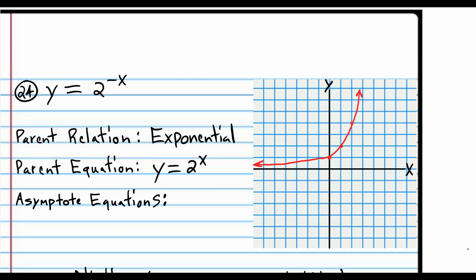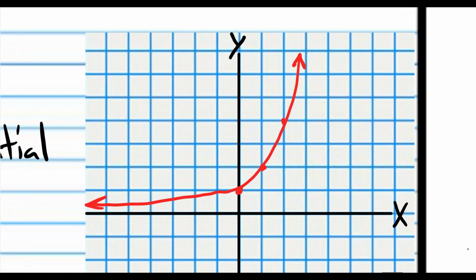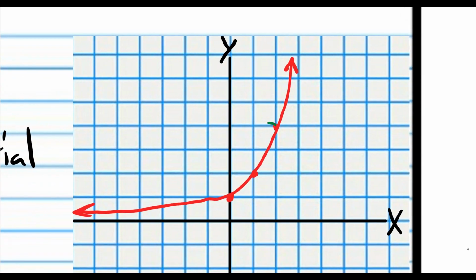Any more, we're going to go outside the window, so we know that it has to stay on the left side of that vertical line. So we're going to take those points and reflect them across the y-axis because there's a negative on the x. So I'm going to count the distance from this point to the y-axis, and then I'm going to go the same distance across the other side of the y-axis to get my next point, or my reflected point.